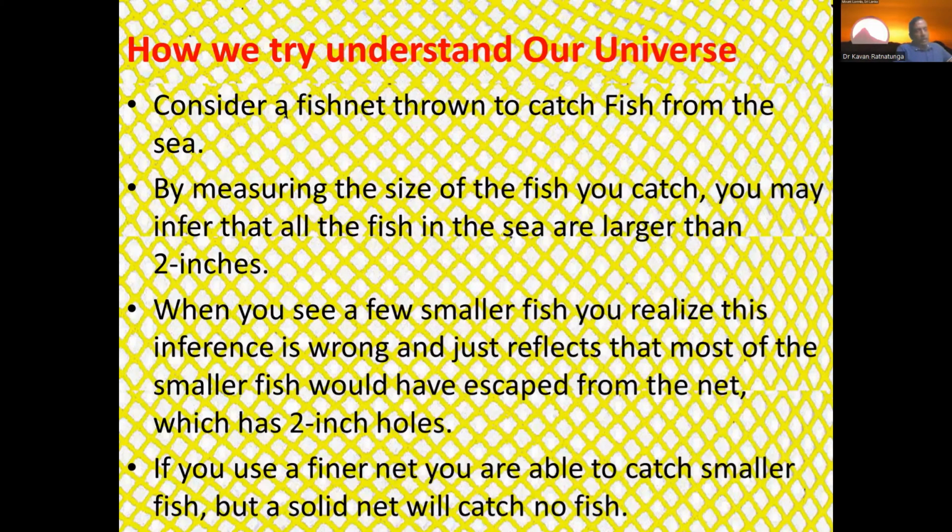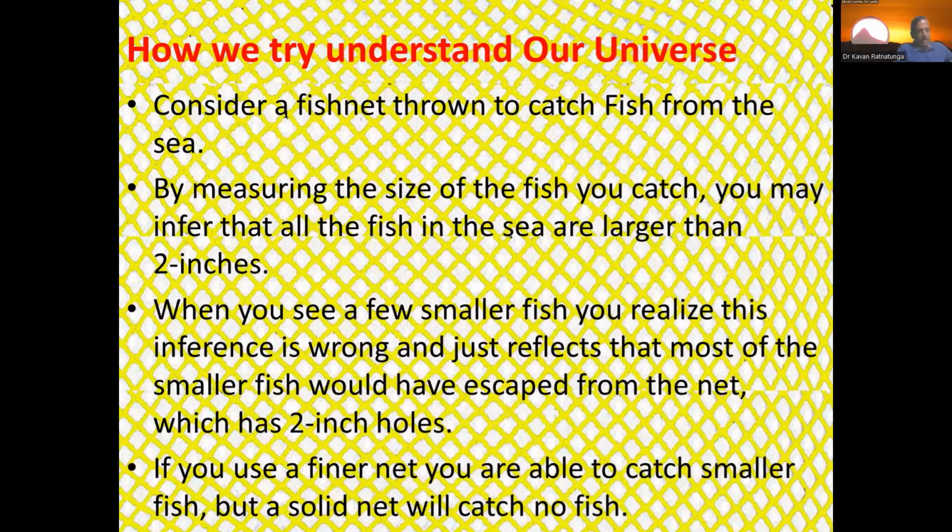And to talk about how modeling works, let's consider you try to throw a fish net into the sea to catch fish. You get all the fish that come from the sea and you measure them, and you find that they're all larger than 2 inches. So you might conclude that all the fish in the sea are more than 2 inches. But if you find a few smaller fish, you might realize that your inference is just because your net has 2-inch square holes and smaller fish would have escaped.